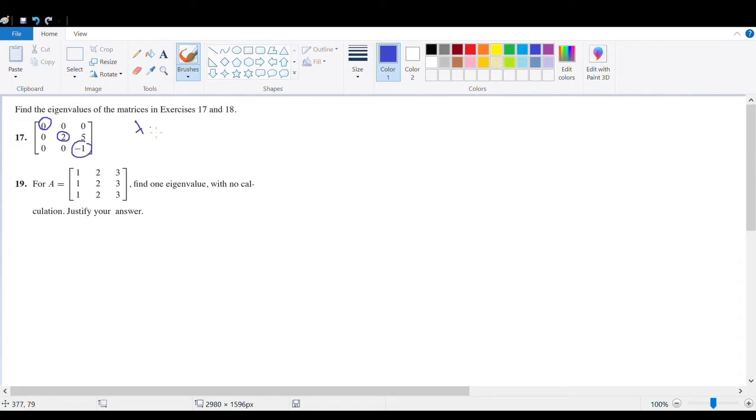So from here, lambda is equal to 0, lambda is equal to 2, lambda is equal to minus 1. All of them are eigenvalues of this matrix. First, check if your matrix is triangular. Then you can take all the entries on the main diagonal, and those will be the eigenvalues.